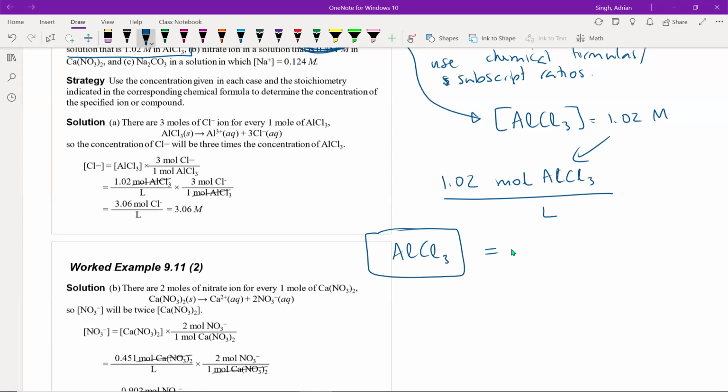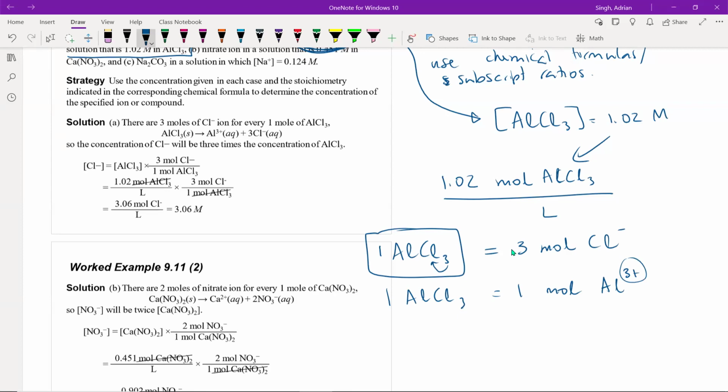If I just look at the subscripts in the chemical formula for aluminum chloride, 1 mole of AlCl3 contains 3 moles of the chloride ion. And that has to be the case because 1 mole of AlCl3 also has 1 mole of the aluminum ion, which is the Al3 plus. So we need the 3 moles of the Cl minus to cancel out the 3 plus charge on the aluminum.